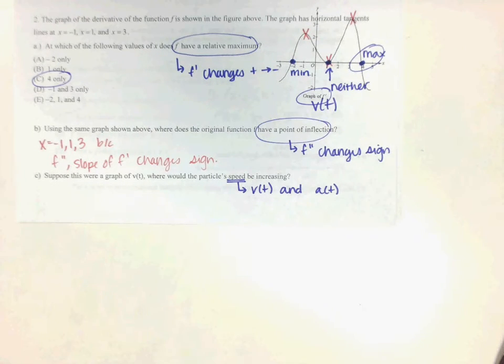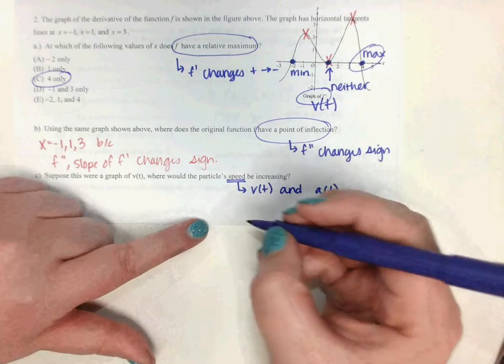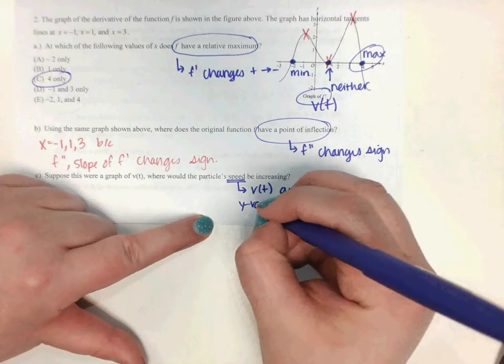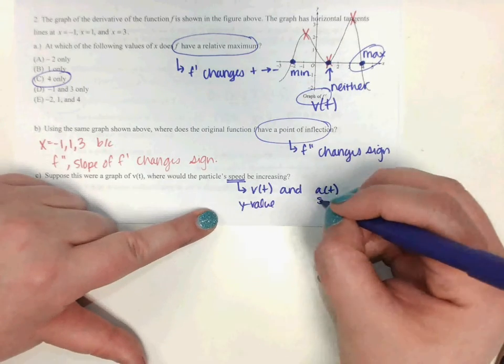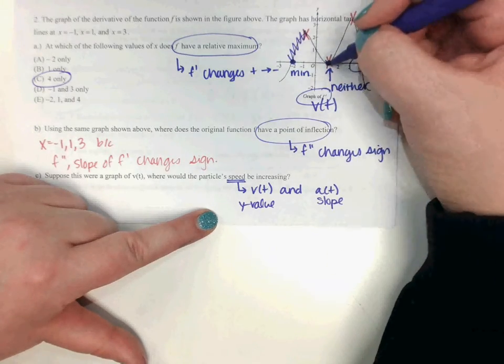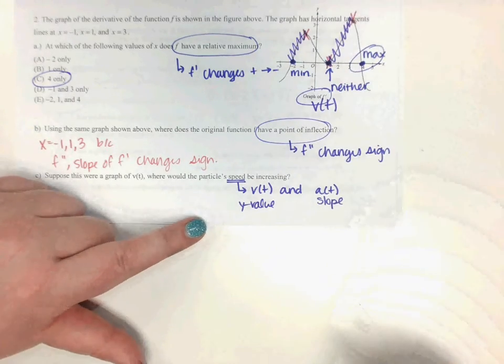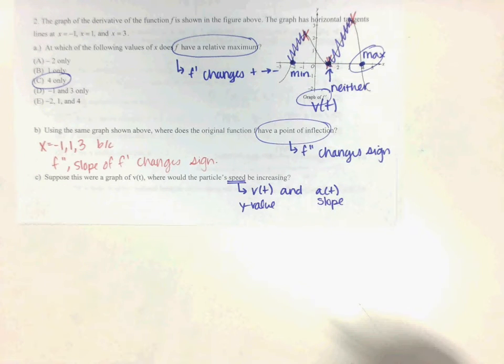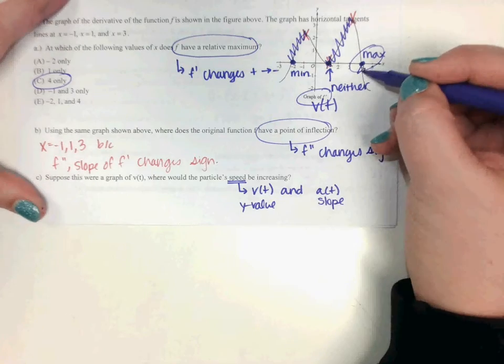So where on your graph of velocity, remember we're calling it velocity, do I have a positive velocity and a positive acceleration? What would I be looking for? A y value has to be positive and a slope has to be positive. That'd be here and here, yeah? But then where am I below with a negative slope? That counts too. 4 to 5. Okay?